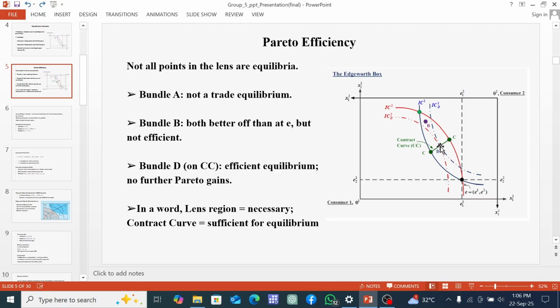Like if we move from here to there, consumer 1 is getting higher satisfaction, but consumer 2 is not. So this is not possible to gain, right? Similarly for C, it is not achievable because consumer 2 is getting better off, but consumer 1 is getting worse off, right? That's why consumer 1 will block this point and they will stay on the D point.